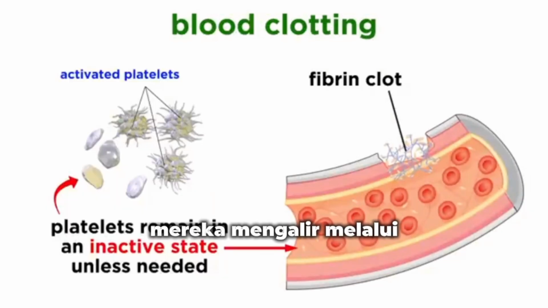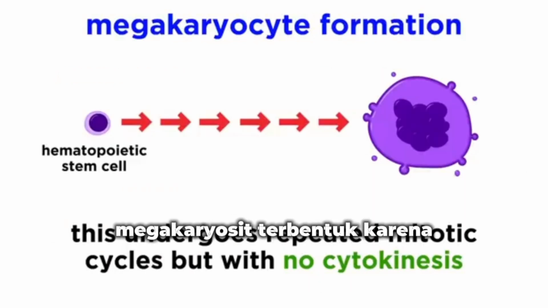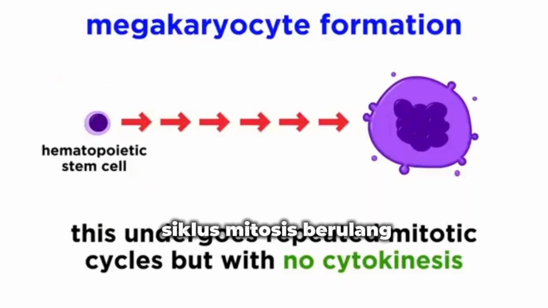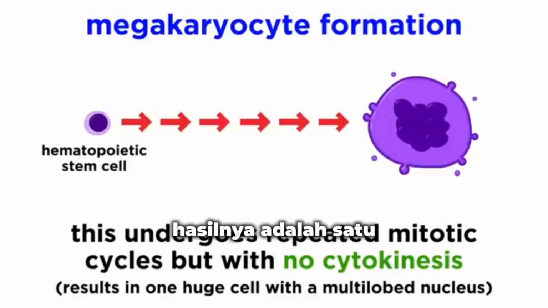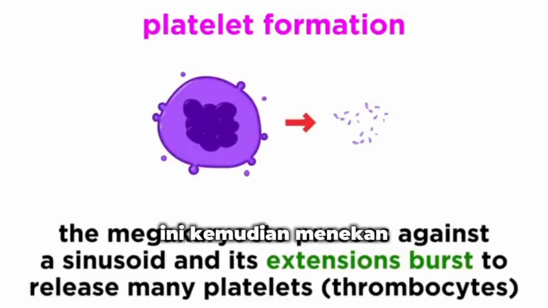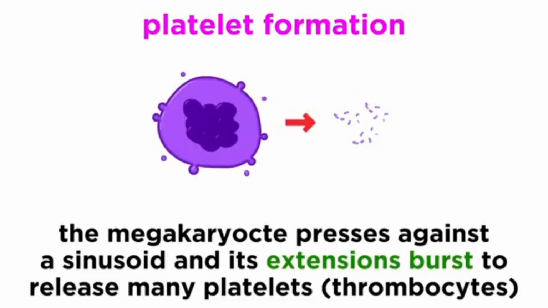They flow through the bloodstream in an inactive state unless needed, dying every 10 days or so and constantly regenerated. Megakaryocytes form due to repeated mitotic cycles that do not perform cytokinesis, so the result is one huge cell with a multi-lobed nucleus. This then presses against a sinusoid, and its extensions burst to release the platelets.